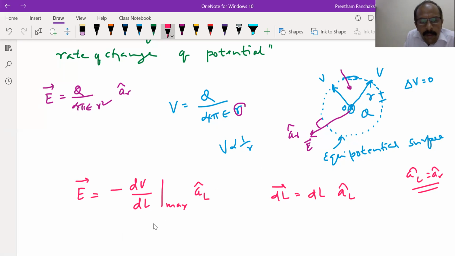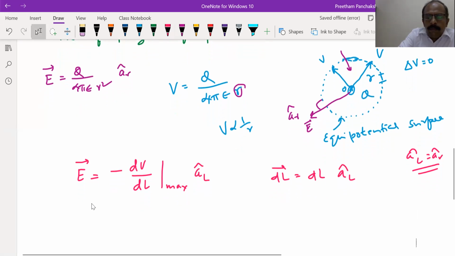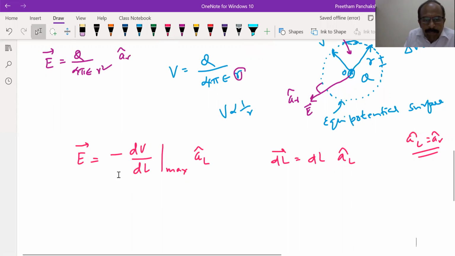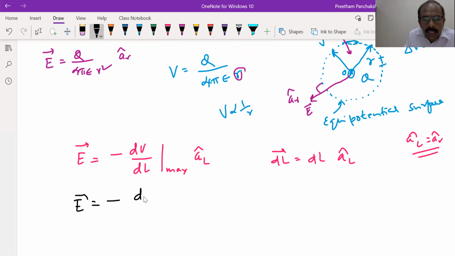So now I would like to generalize this equation in a better way. Since the maximum change of potential happens perpendicular to equipotential surfaces only, my next equation would be E is equal to minus dV by dn a cap n.